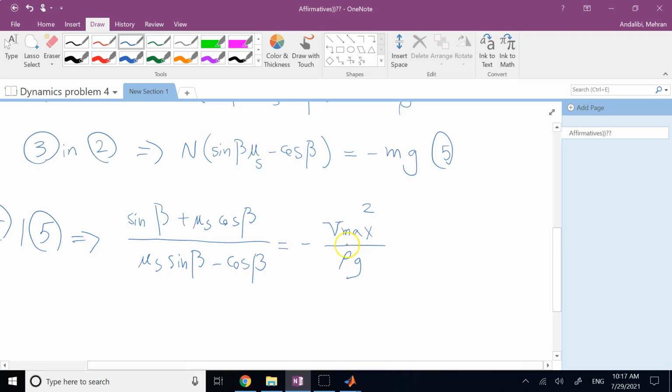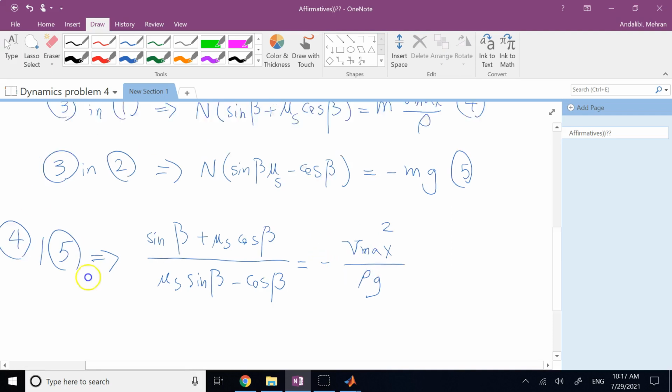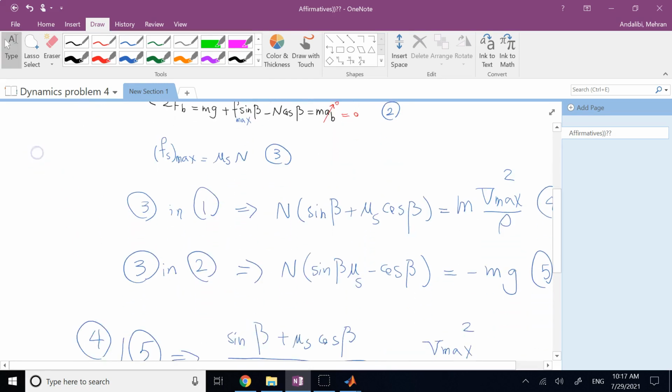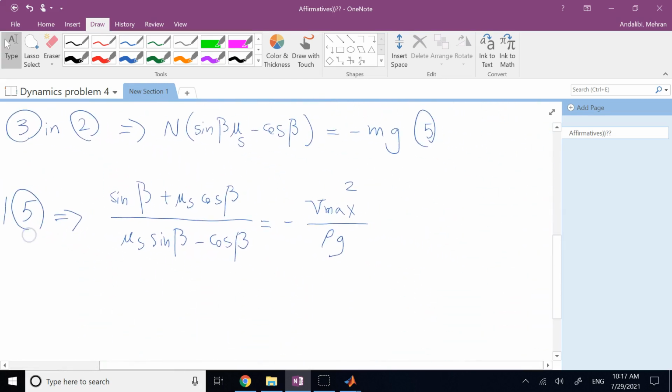So first, I would like to do a plot on that and find out why is it that they add an angle, a slope to the road on the exit ramps or entry ramps. What's the benefit of that? And then we'll find beta as a function of Vmax, and then we look at the effect of Vmax on beta, like the backwards function, the inverse function.